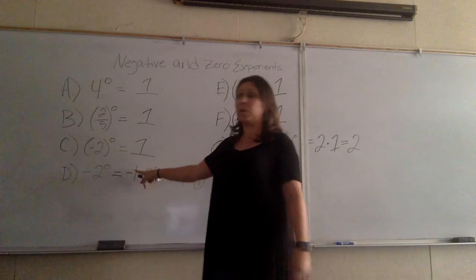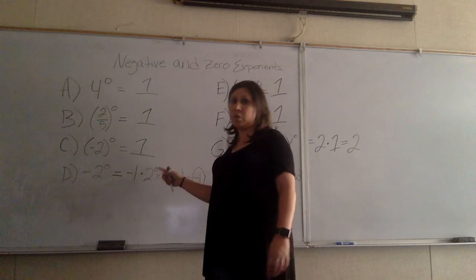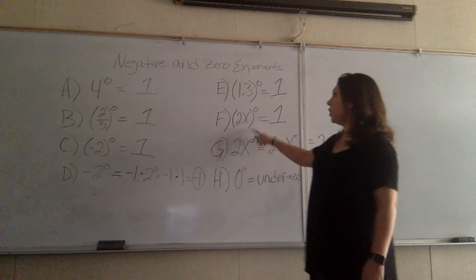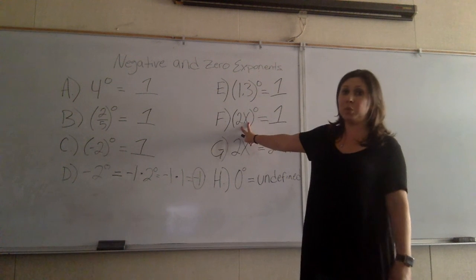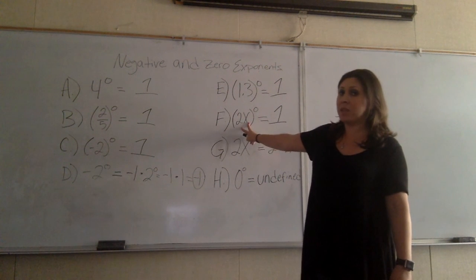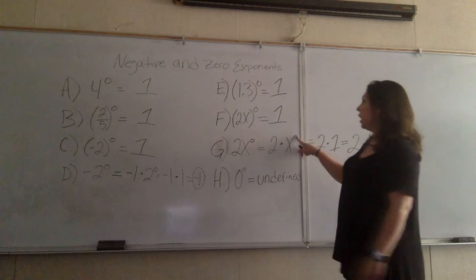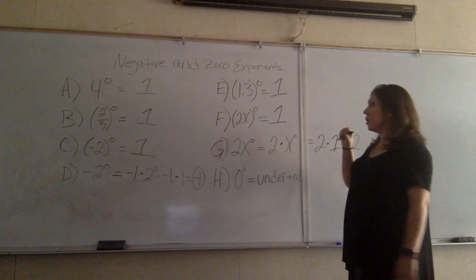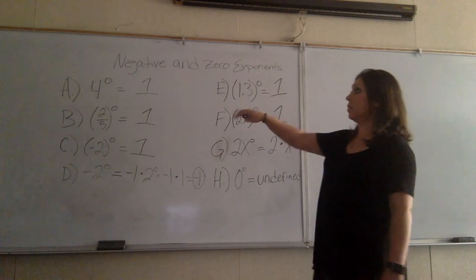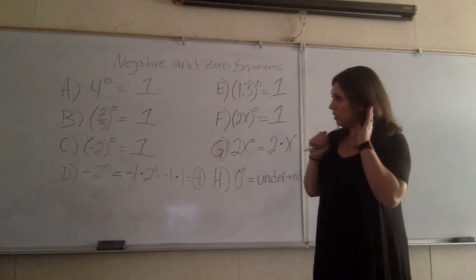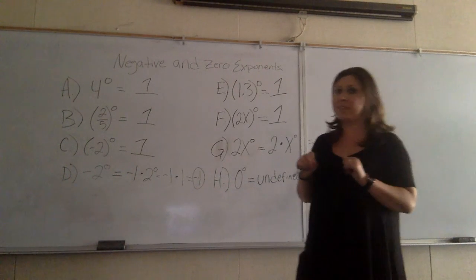Make sure that you separate the negative from the whole number or whatever number it is, because it could be a decimal or a fraction. And if you have parentheses with multiple numbers or variables inside, you want to be able to separate them out and figure out which one has the variable. All right? So again, any number to the 0 power will give me 1. All right.